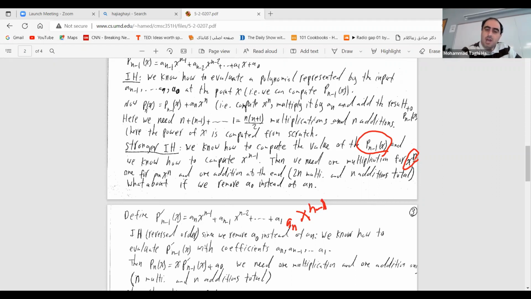I need to multiply an by x to the n. First I need to get x to the n. To get x to the n, I need 1 multiplication. And then I need to multiply also this one. So let me write it this way: we have an times x times x to the n minus 1. I have 2 multiplications here.